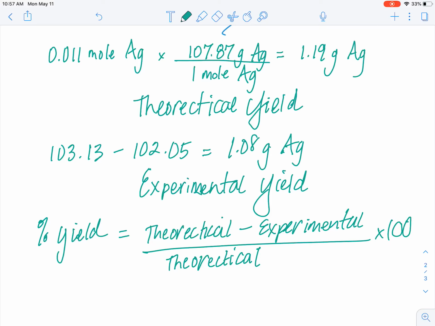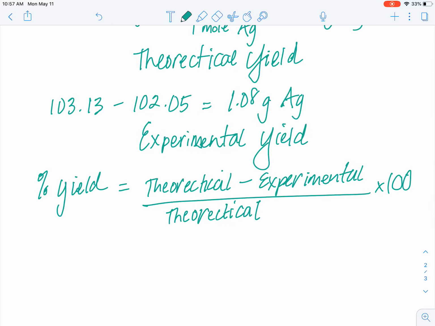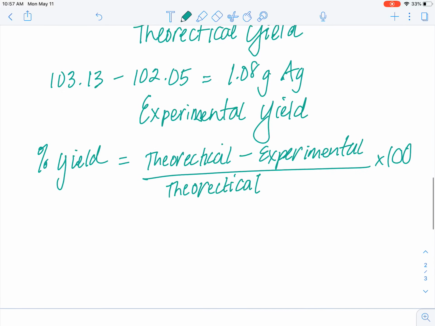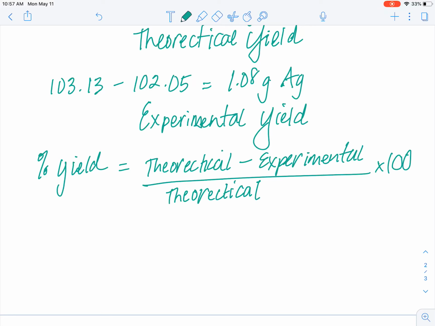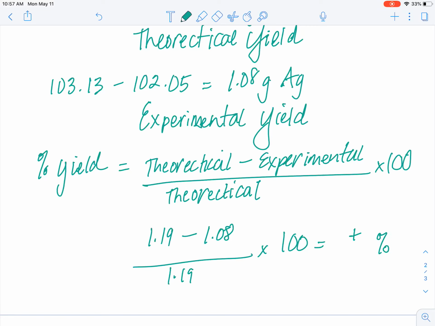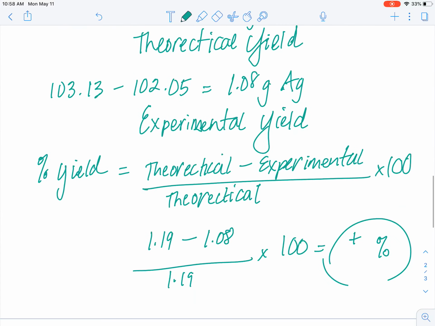I'll let you do that because I'm filming this the same day as the other warm-up and I forgot my calculator. But I'll set it up: 1.19 minus 1.08, divided by 1.19, times 100. You're going to get a positive percent, meaning you're a little bit lower than the expected theoretical yield.